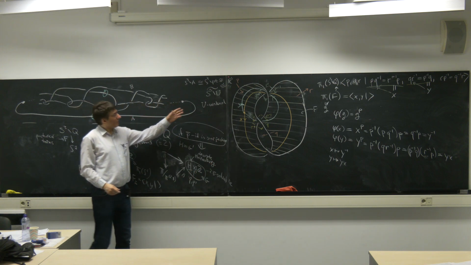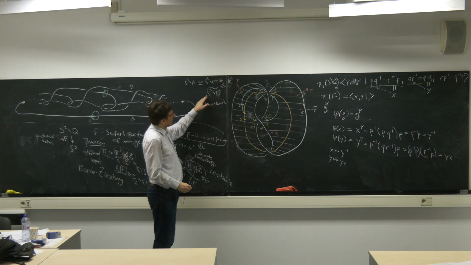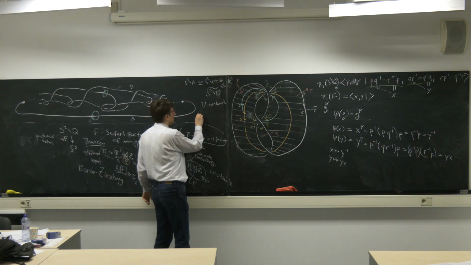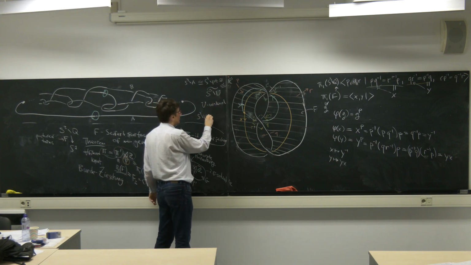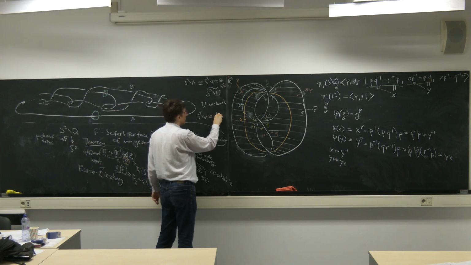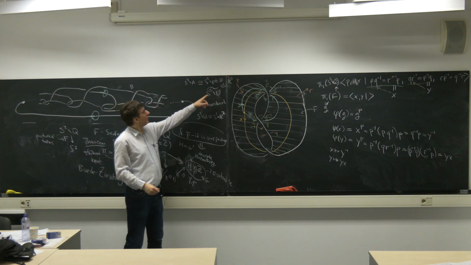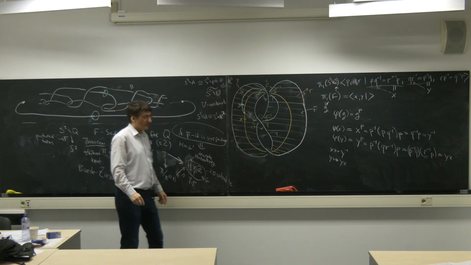So its complement is homeomorphic to the open solid torus. S3 minus U is homeomorphic to S1 cross R2. And when you take the infinite cyclic cover, you will get just R3.